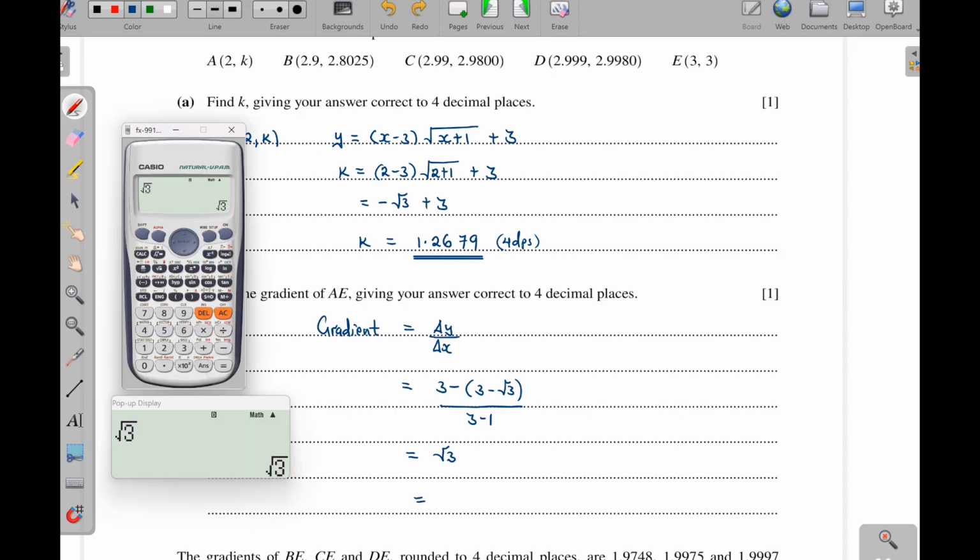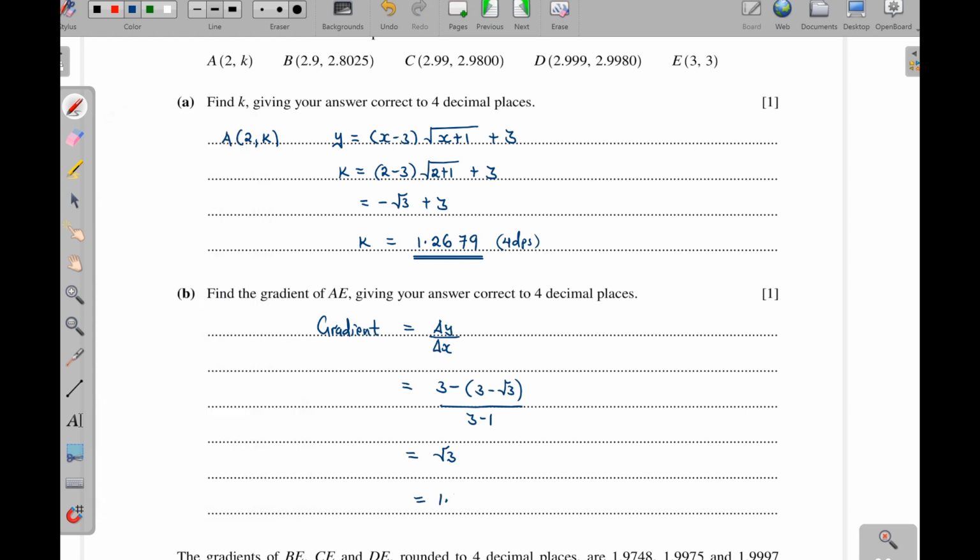Root of 3 is 1.73205, whatever, but to 4 decimal places, it will be 1.7321. Okay, we also follow the what? The instructions. They told us 4 decimal places, so it has to be 4.